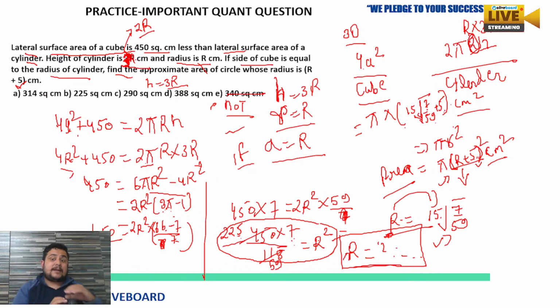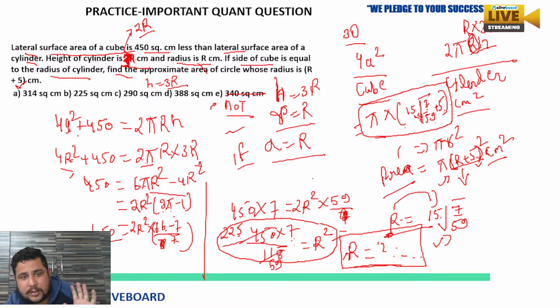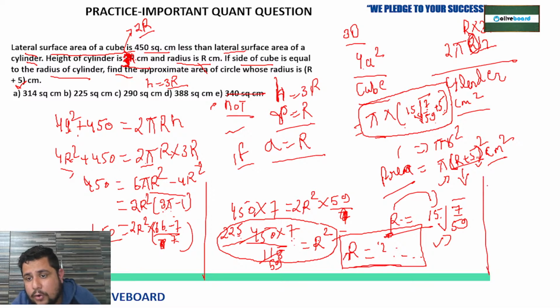When the value of your radius or some data is not coming in a perfect natural number form, and it is in decimal or imperfect square root form, your answer will be in this form. We were about to calculate the value of pi times r plus 5 square.